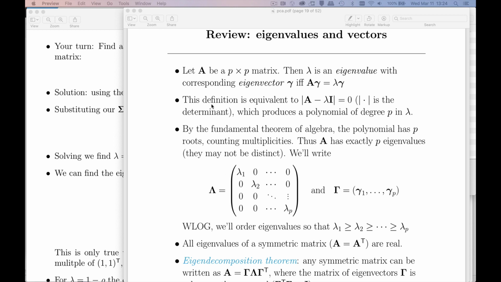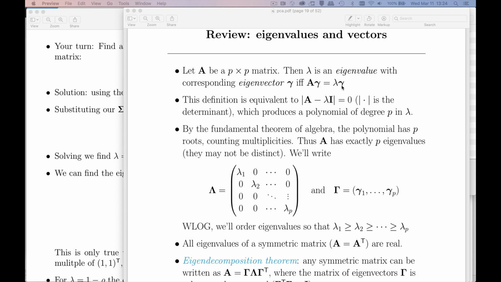Back in linear algebra, you would have studied a P by P matrix, most likely called A. And you got a definition saying that a scalar number, lambda, is an eigenvalue with some corresponding eigenvector, gamma, if and only if this matrix times the eigenvector is in the same direction as that eigenvector scaled by the eigenvalue.